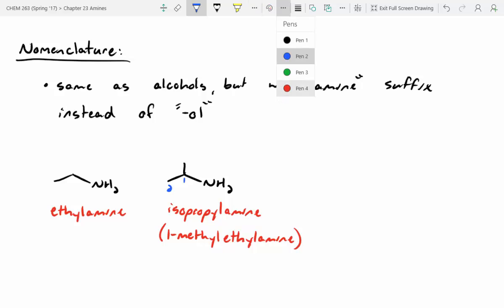There's also one other one I wanted to show. What do you guys think this one's called? Cyclohexamine. Yeah, cyclohexylamine.